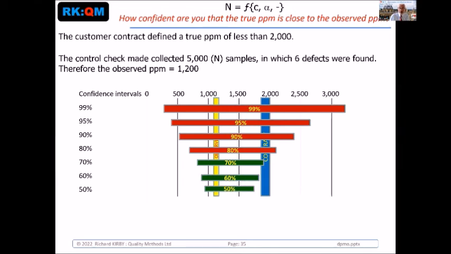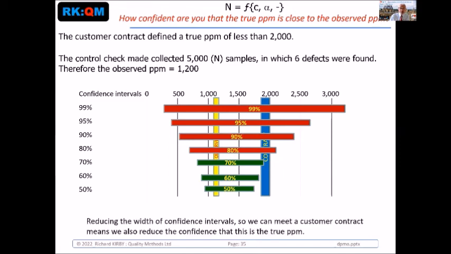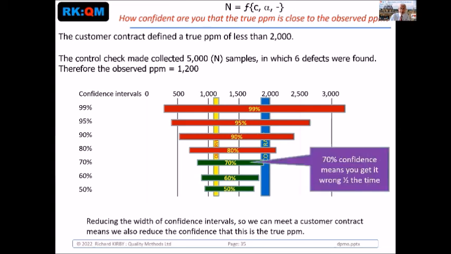As has been said, for attribute data to have confidence, we need very large sample sizes. Reducing the width of confidence intervals so we can meet a customer contract means we must reduce our confidence that this is the true ppm. 70% means being correct only 2 out of 3 times.